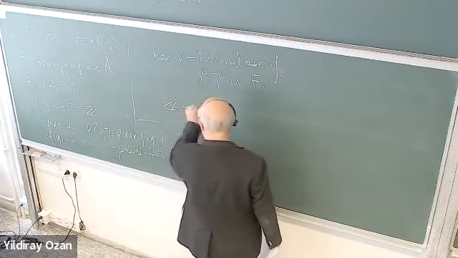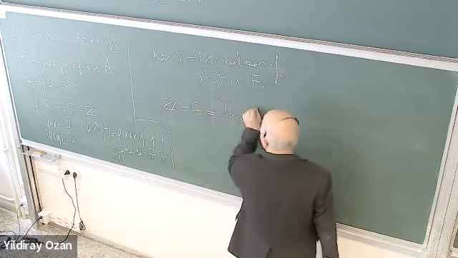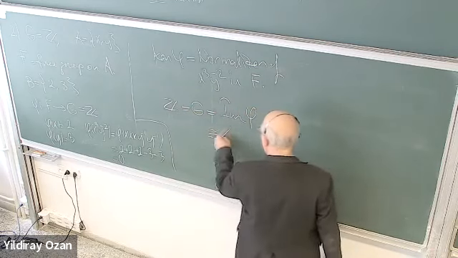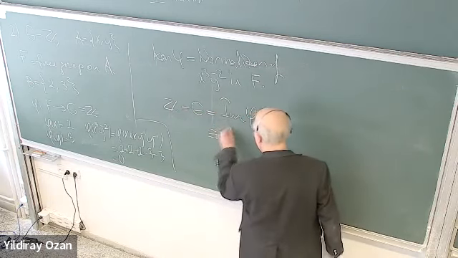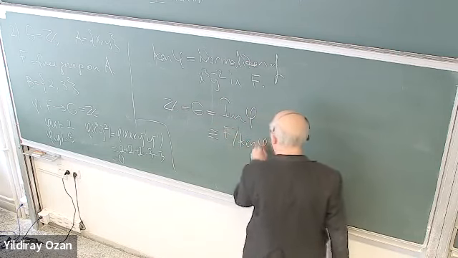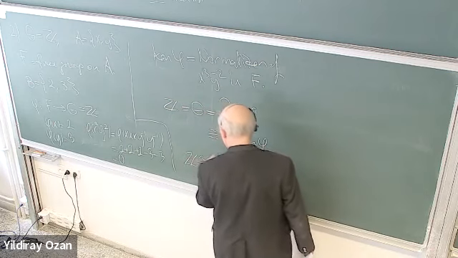So Z, which is G, is equal to the image of phi, and that is isomorphic to the following. So this is, of course, F divided by the kernel of phi, and we will write it this way.